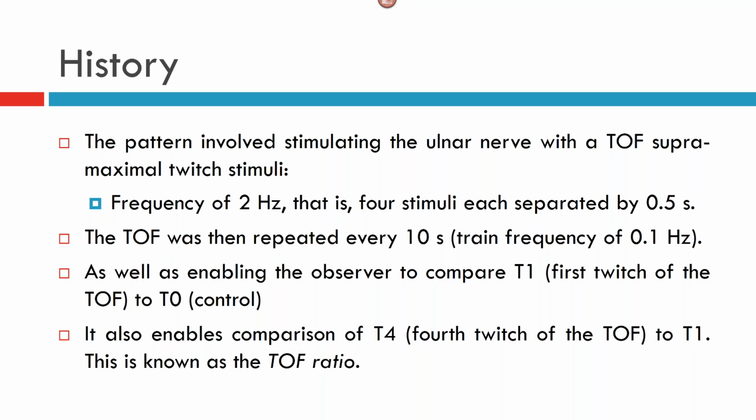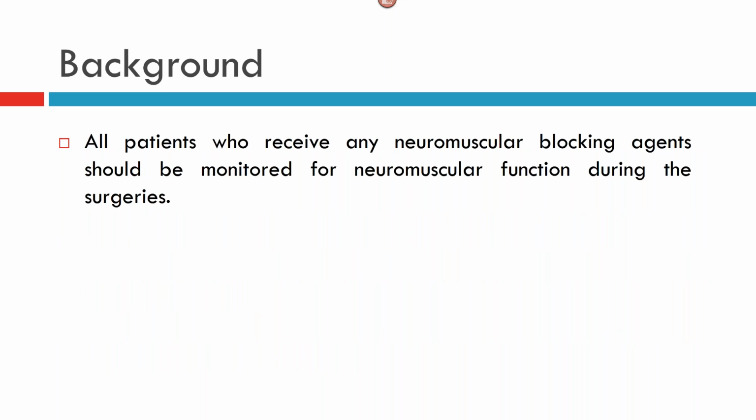The train-of-four was then repeated every 10 seconds at a frequency of 0.1 Hertz, enabling the observer to compare T1, which is the first twitch, to T0, which is the control twitch, and also to compare T4, which is the last twitch, to the first twitch. I'm going to go into more detail.